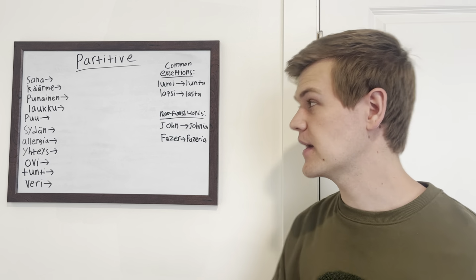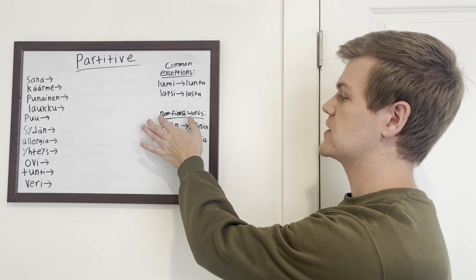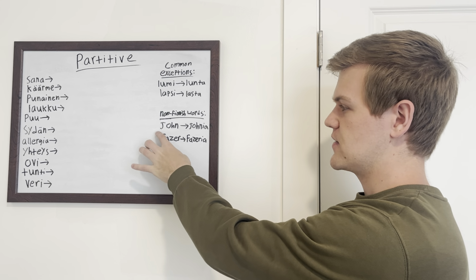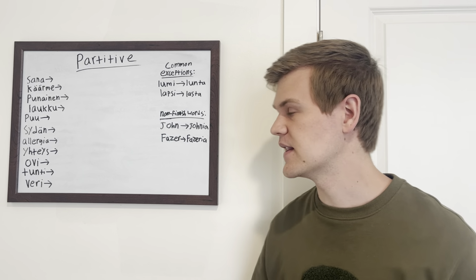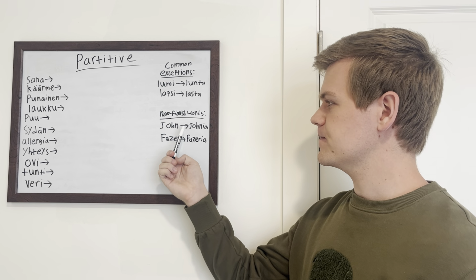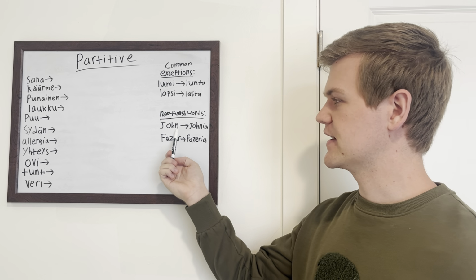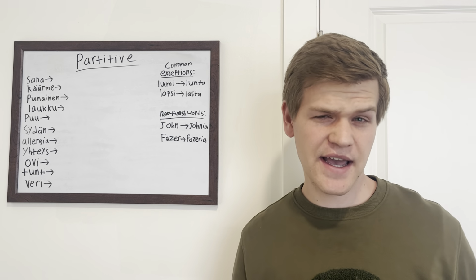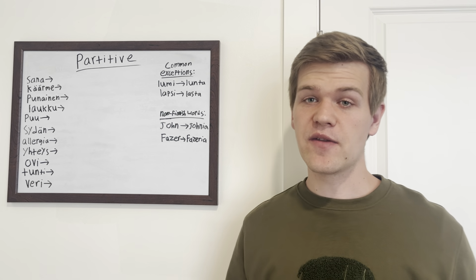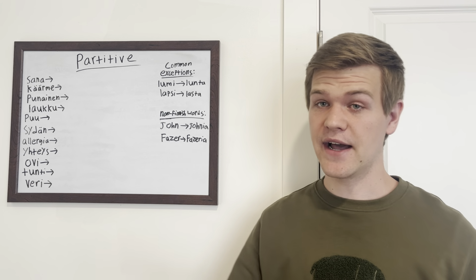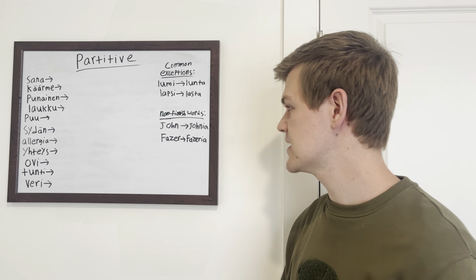And one other thing I wanted to mention was when we have words that aren't Finnish, like a name like John or Fazer, which is the chocolate company in Finland. Even though it ends in a consonant that doesn't follow any of the rules, you're not just going to add TA if it's clearly not a Finnish word. Just like how the stem of the word, we added I to add anything onto it.